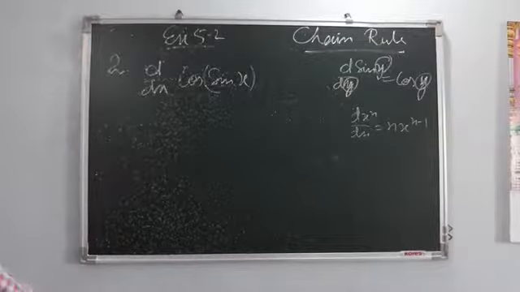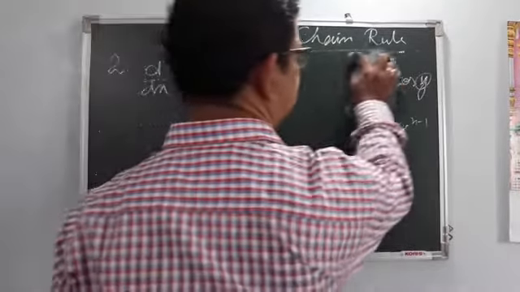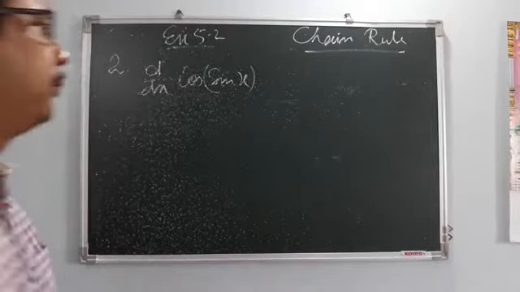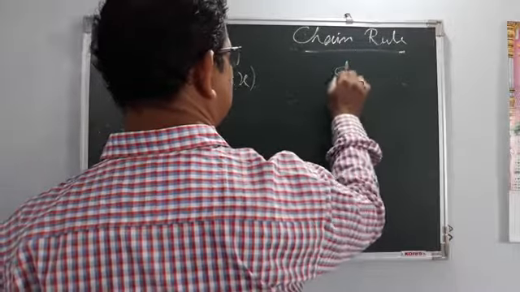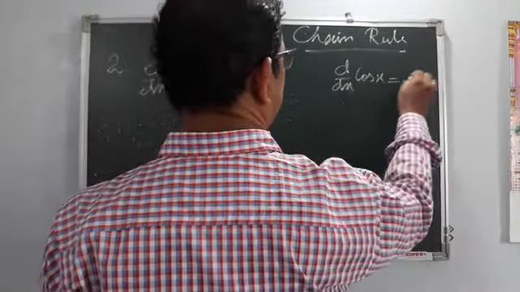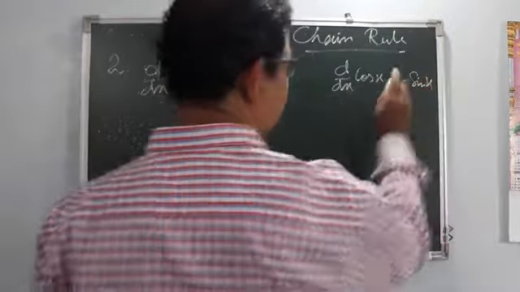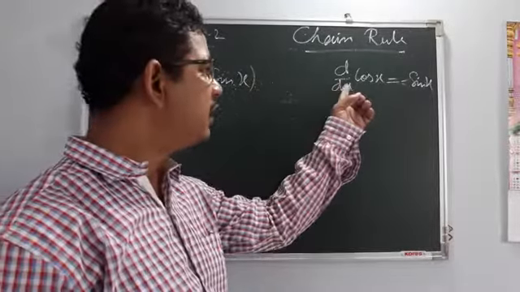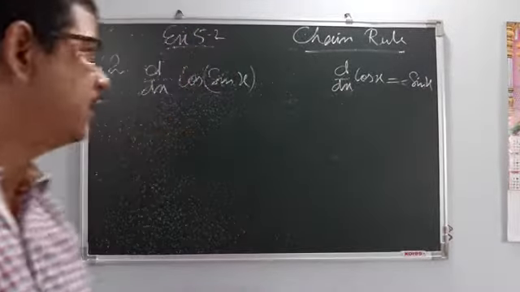Sin x. So now we will see. Differentiation of cos y is what? d dx of cos x is what? Our formula is minus sin x. Just I have written what it is: x, then the value is minus sin x.